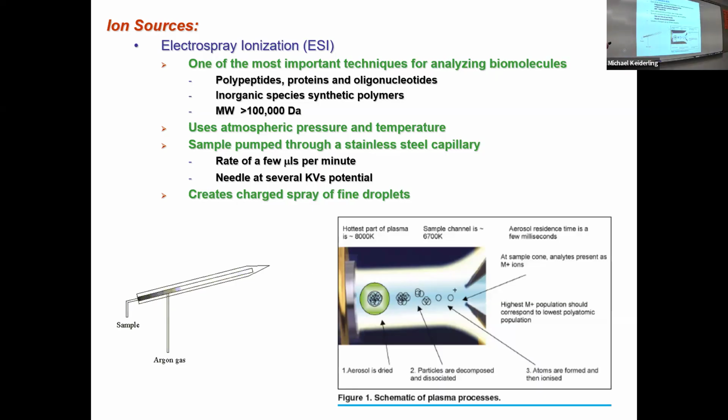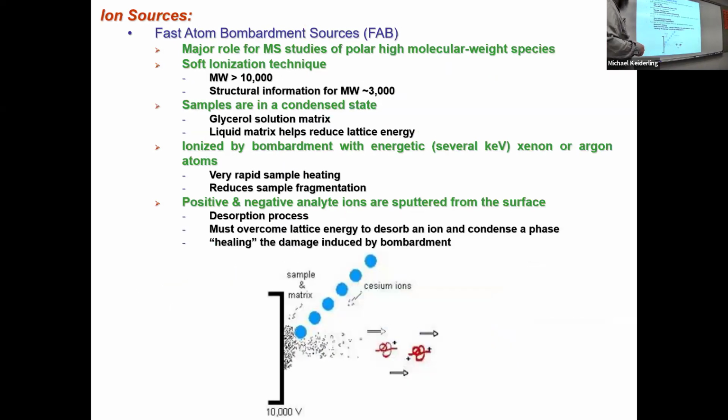The needle's at several kilovolts of potential, and you aerosolize it, forming tiny droplets. Fast atom bombardment, you bombard it with fast atoms, which ionizes and blows the material off of a surface. This avoids the very rapid sample heating, and reduces sample fragmentation.